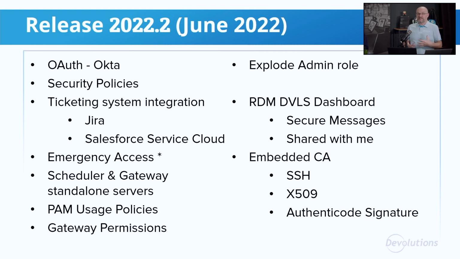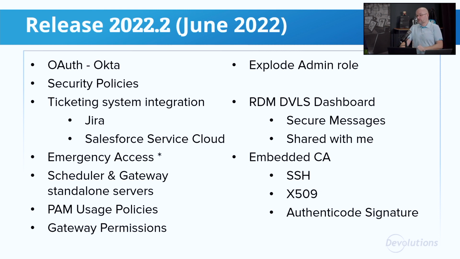So it's really a good scenario. So for that case, you'll be able to use it as you wish. So that's the PAM usage policies. Gateway permissions have been requested because right now, if it's configured, it appears in certain drop-downs. We'll be able to separate who can see and adapt those.